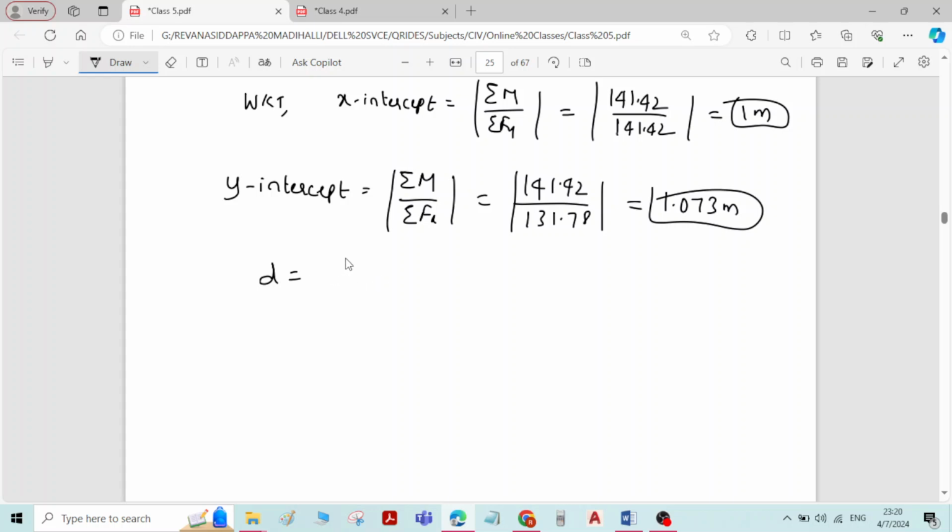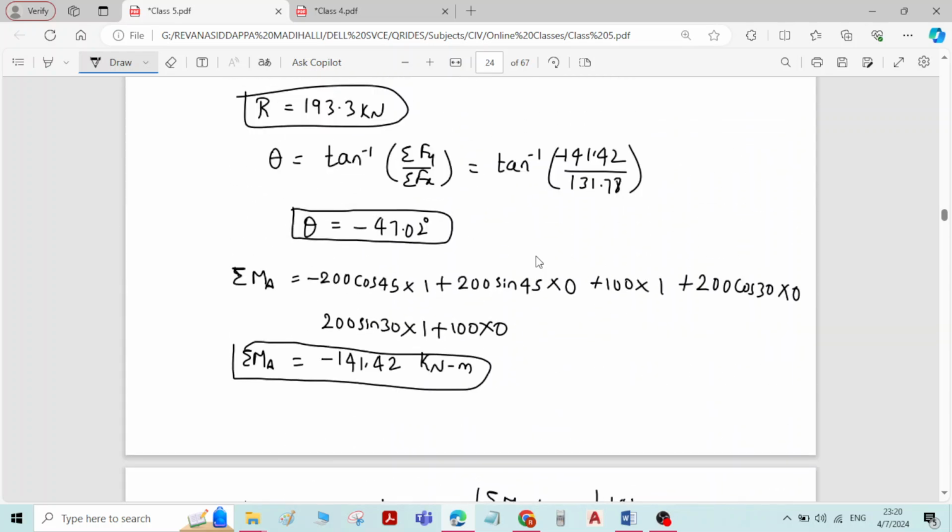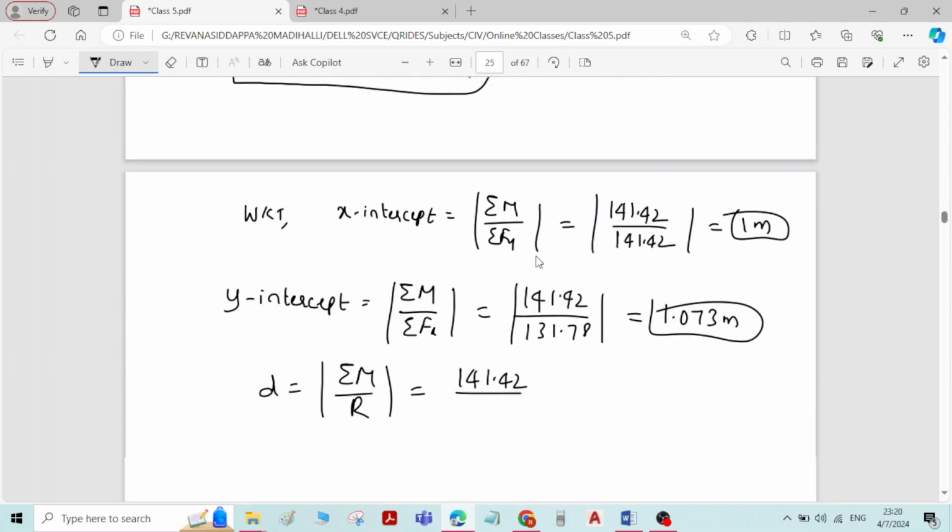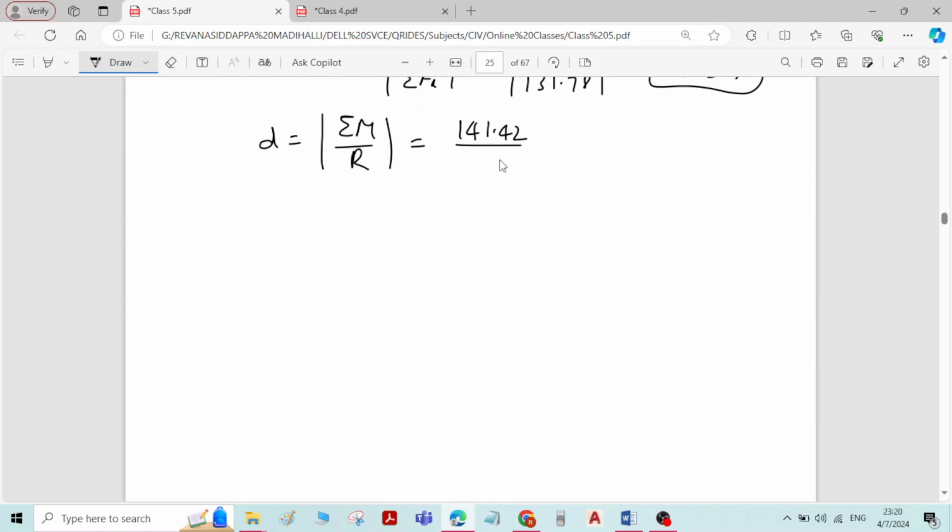That is sigma M by R. Sigma M is 141.42 divided by the magnitude of the resultant force, which is 193.3. Therefore, the answer is 0.732 meter.